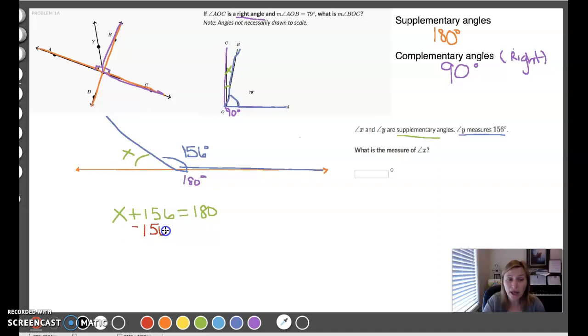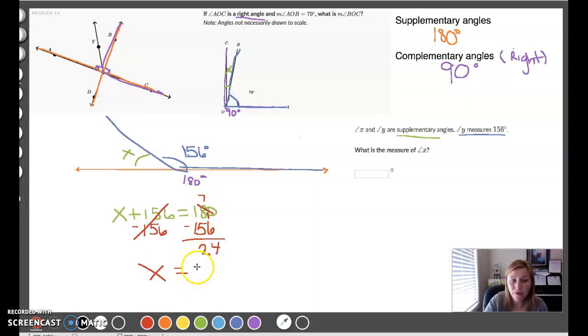I'm going to subtract 156 from both sides, because I have to keep my equation equal. If I take away 156 on this side and on this side, I still have an equal equation. So 180 minus 156 is 24. The missing angle, angle X, is 24, and it has the degrees right here.